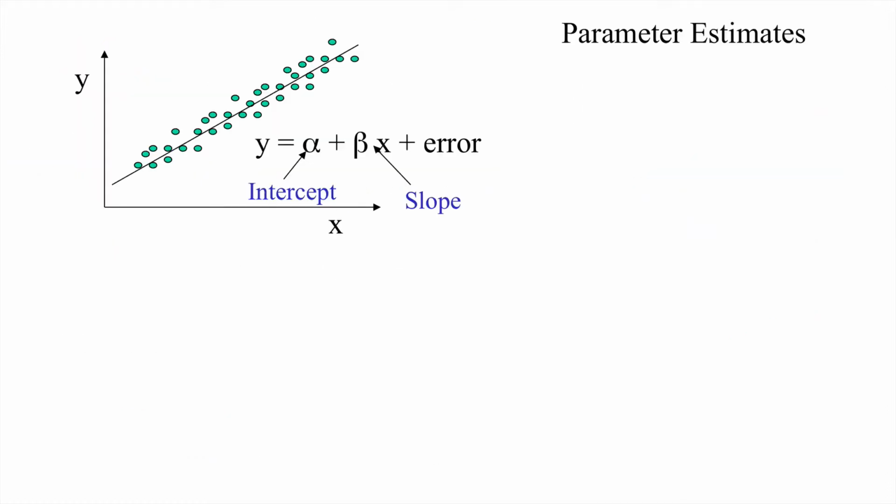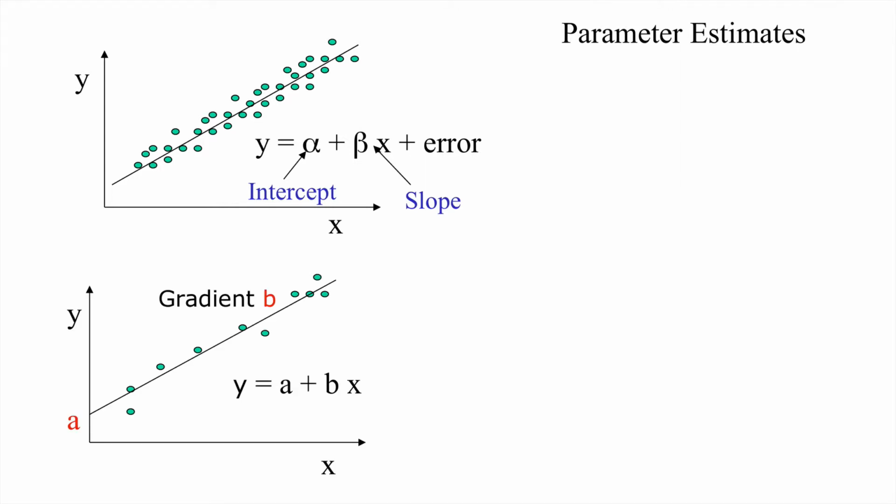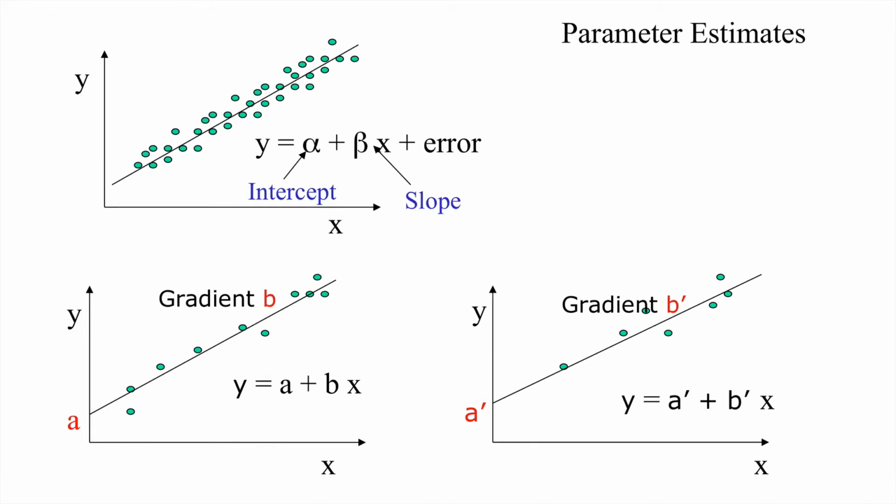Something else you should know. So imagine this is the population, and one time we collect some sample data and estimate the line of best fit through A and B, and of course that's an unbiased estimator of alpha and beta. But next time we do it, we almost certainly will not get exactly the same estimates of alpha and beta. Let's call those A dash and B dash.